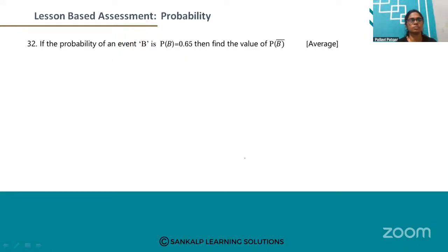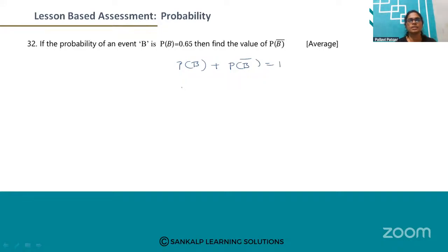Look at the question number 32. If the probability of an event P of B is equal to 0.65, then find the value of the probability of not an event. Here the probability of an event and its complement is always equal to 1.